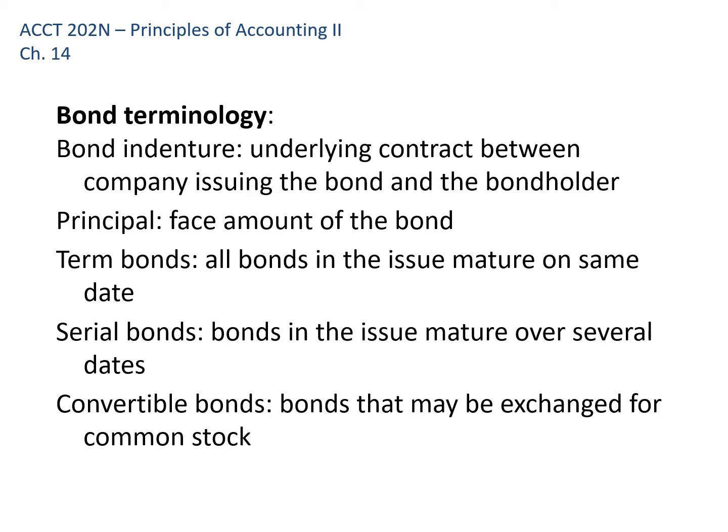So a little bit about terminology. A bond indenture is the underlying contract that the company issues that governs how the bond functions, how payments are made, what the terms are, all of that. The principal is the face amount of the bond. Bonds are usually issued in increments of $1,000, and it's effectively borrowing from the general public.